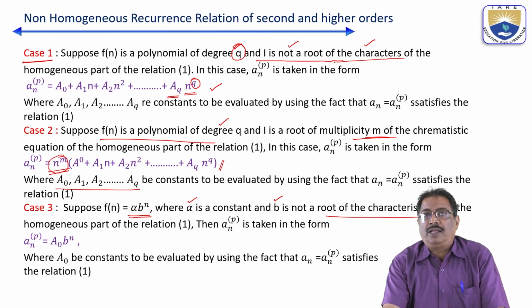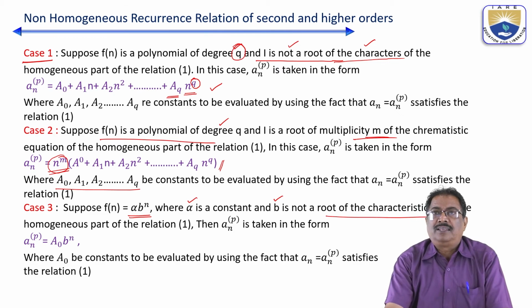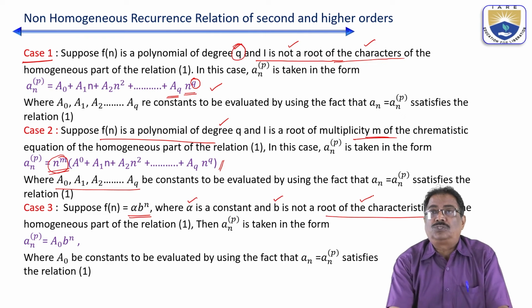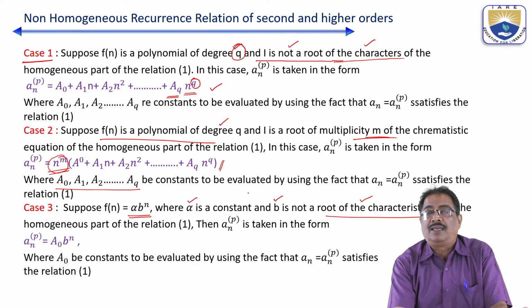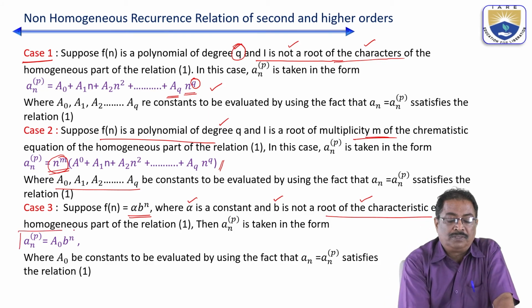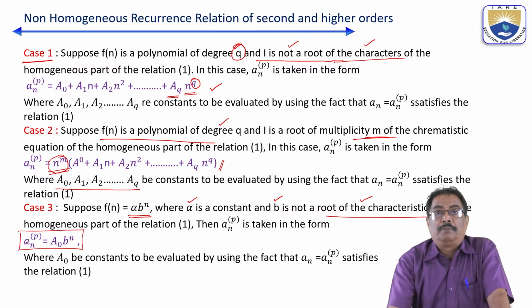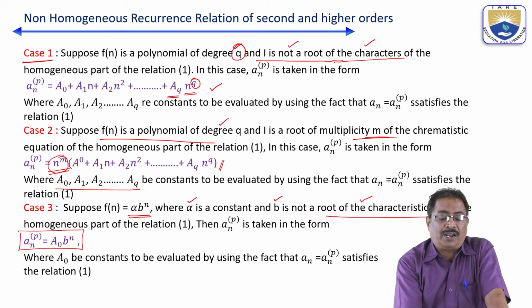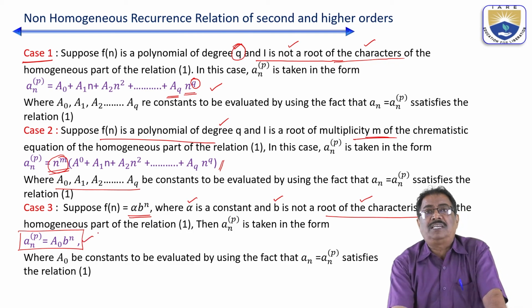So accordingly we are going to find what the roots are, whether b is a root or not of the auxiliary equation. If it is not a root, then we are going to assume this is the particular solution.